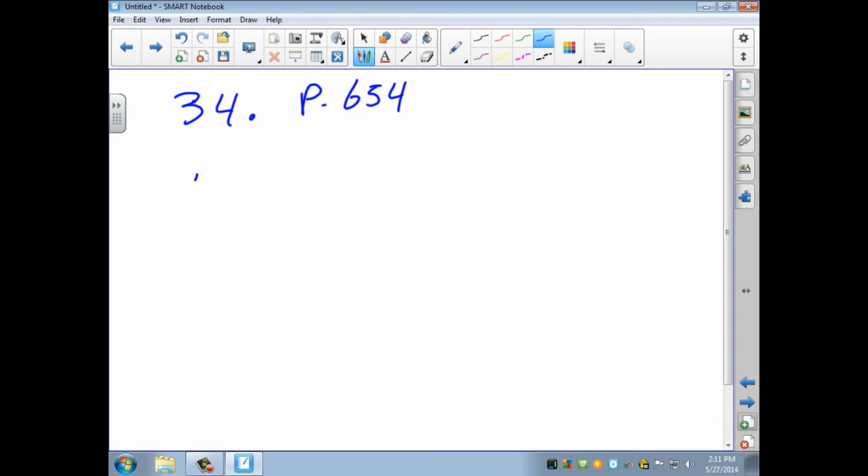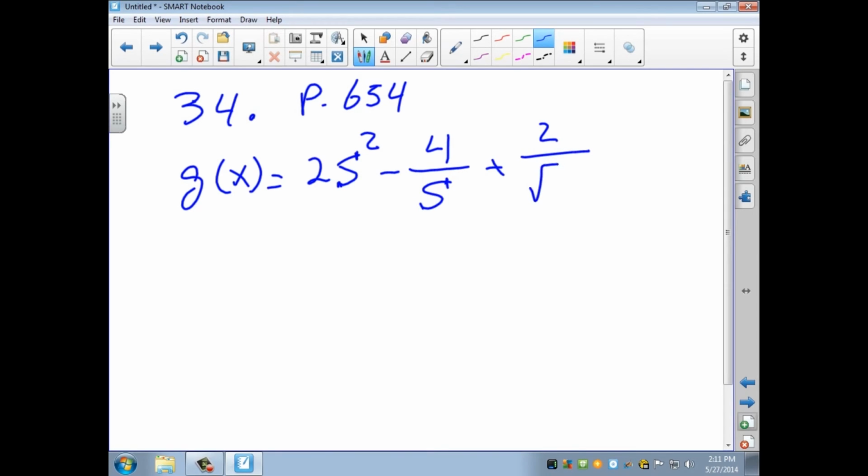It says g of x equals 2s squared minus 4 divided by s plus 2 divided by square root of s.